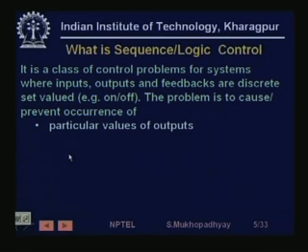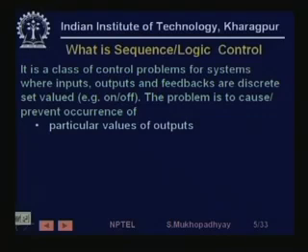This is my definition, the words are mine. It's a class of control problems for systems where inputs, outputs and feedbacks are discrete set valued. Actually, I would rather say that for the purpose of control, it is taken that they are set valued, that is, the intermediate values are not considered.